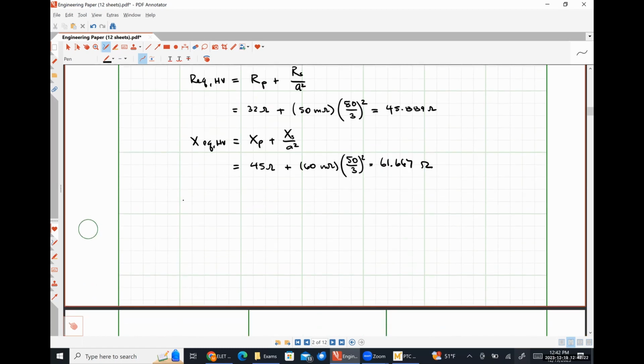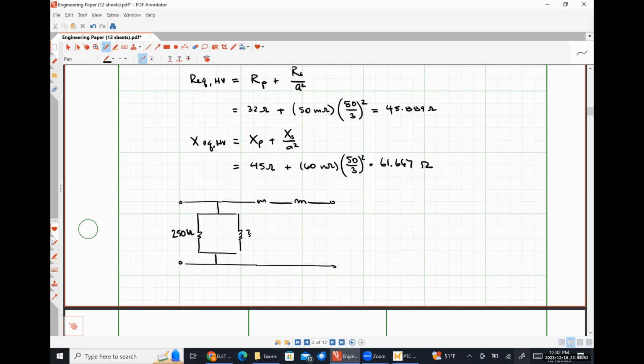And thus, our equivalent circuit would be like this. So let's see. RC doesn't change, so this is 250 kilo ohms.